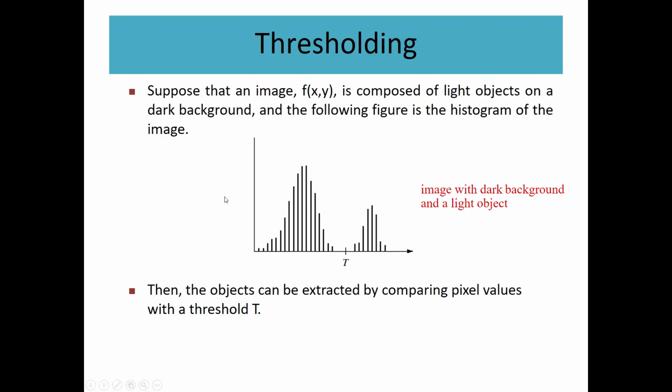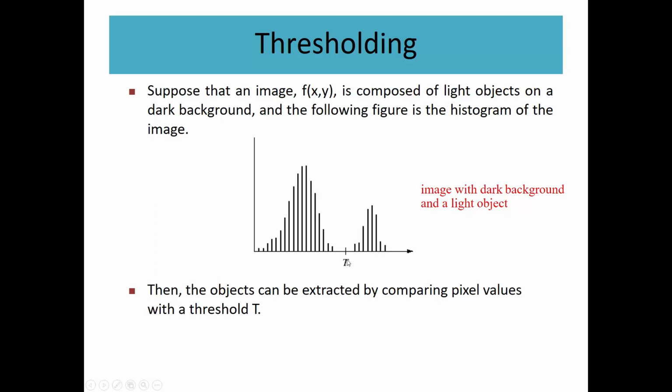You can see in this figure an histogram of an image where all the pixels whose intensity value is greater than T belong to an object, and all those pixels whose intensity value is less than T belong to the background. So this is an image with a dark background and a light object.